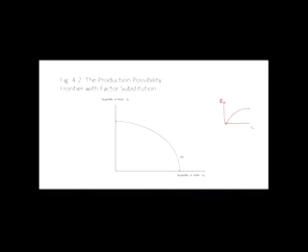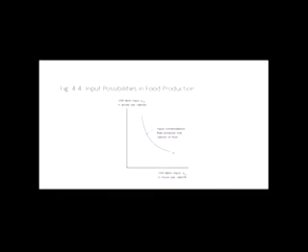But the more and more we substitute it with labor, we may ultimately need to change 1 unit of land with 3 units of labor.